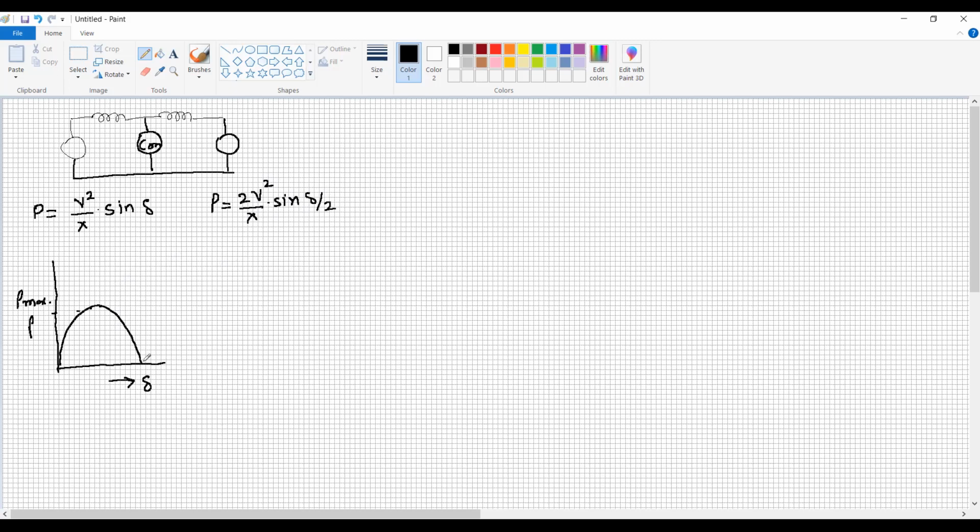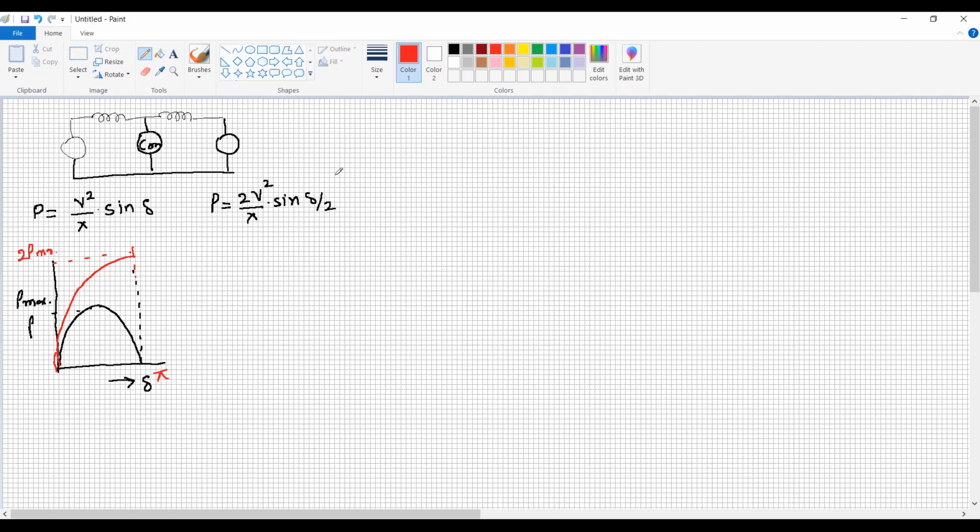The angle will be pi, and the power with midpoint compensation is twice P maximum, which we have considered in detail. So this is the advantage of shunt compensation, which is connected at the middle of the transmission line.